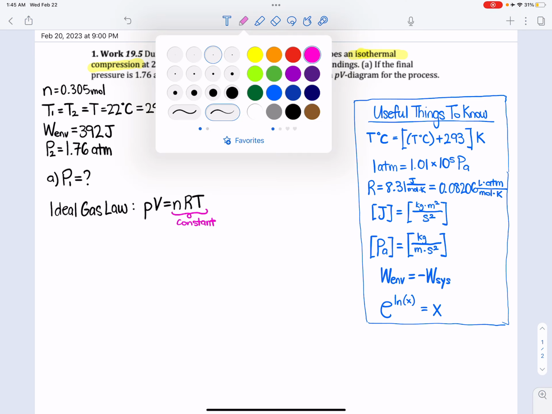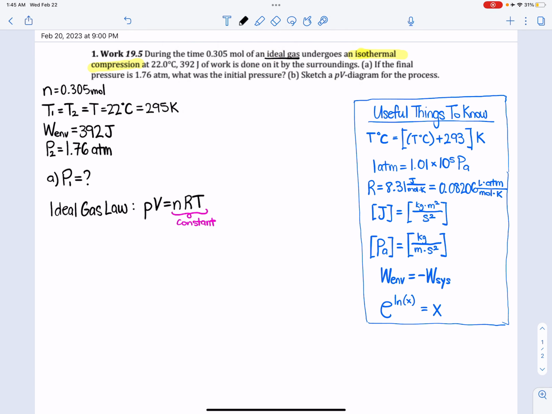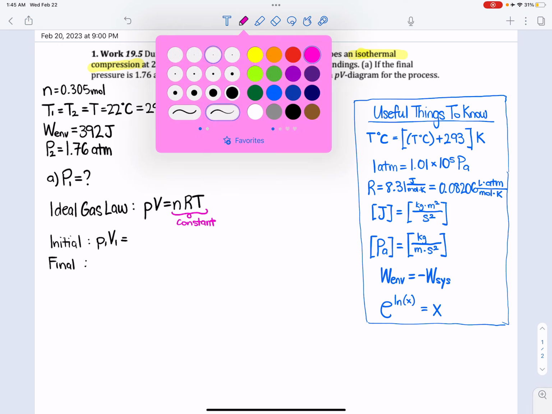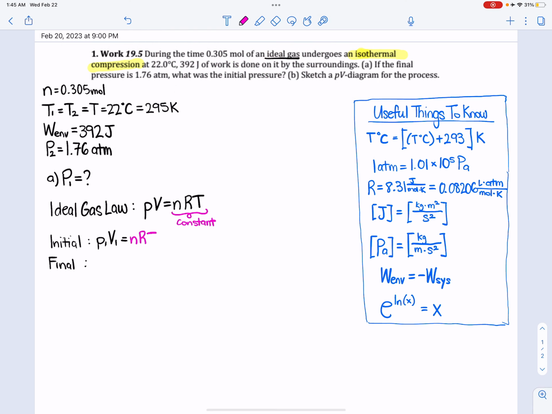And if these are constant on the right side of the equation, that means that for my initial state and my final state, P1 V1 is equal to the constant nRT. I'll write that in a different color so it's clear that these are constants and equal.